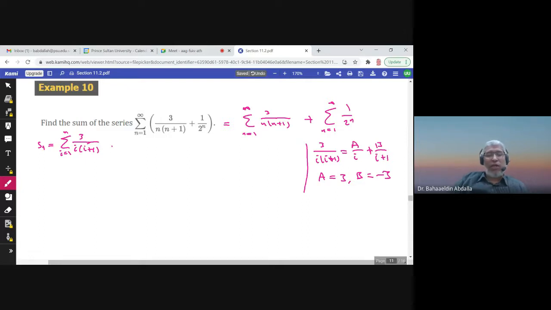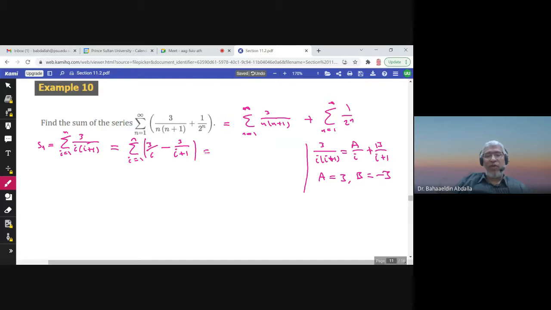So you can write this as the summation of 3 over i, because A is 3, minus 3 over i plus 1, because B is -3, from 1 to n. And this is a telescoping sum.